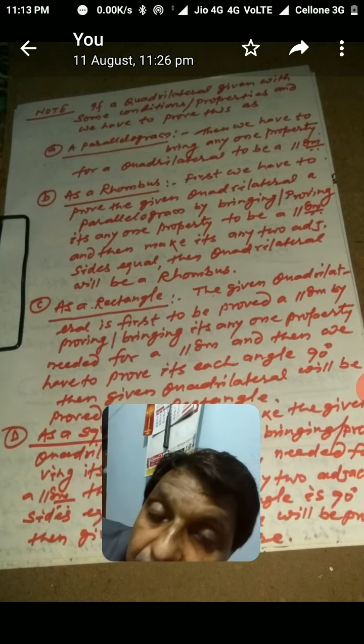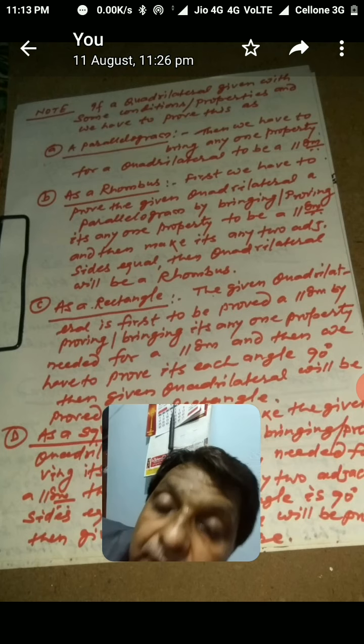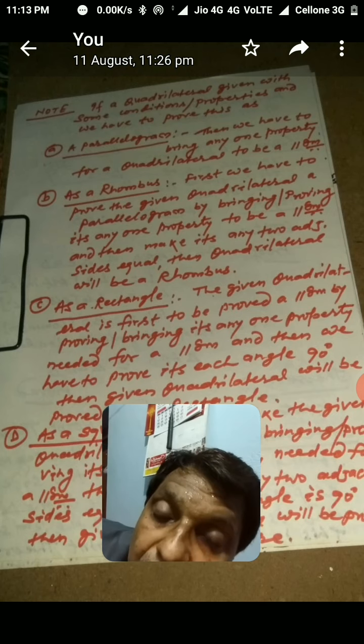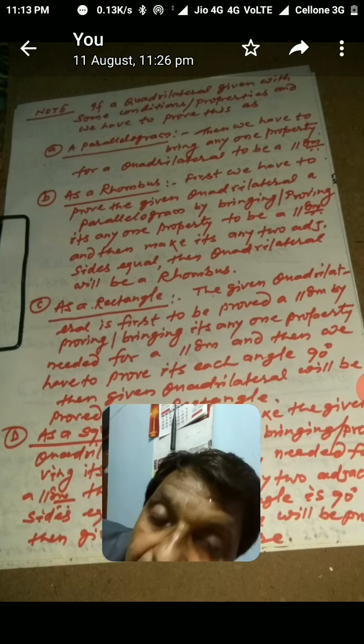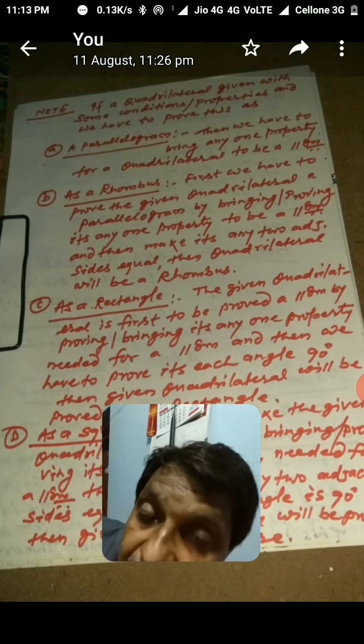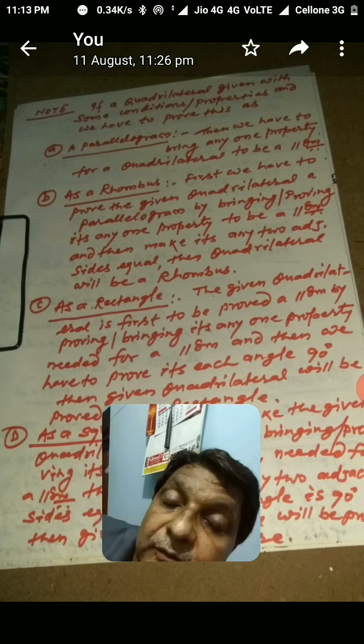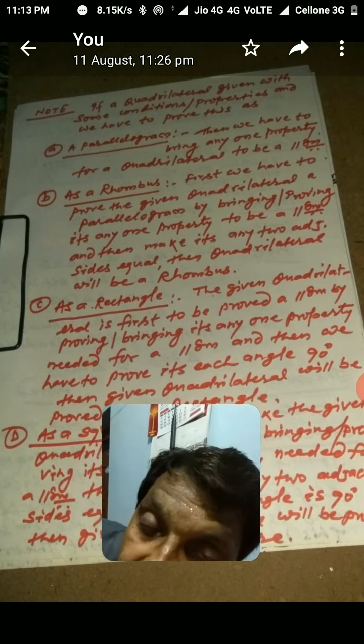Which is the property of a rectangle. Then your given quadrilateral will act like a parallelogram, like a rhombus, as well as like a rectangle.